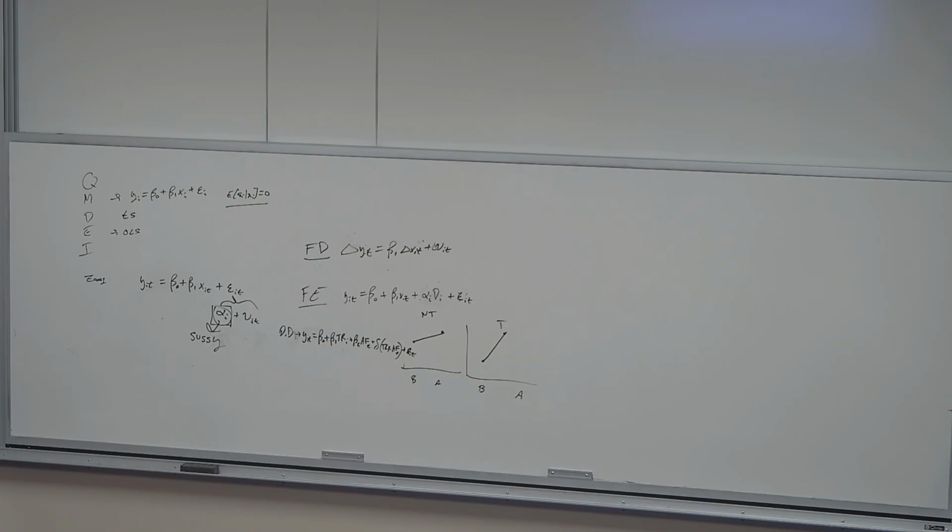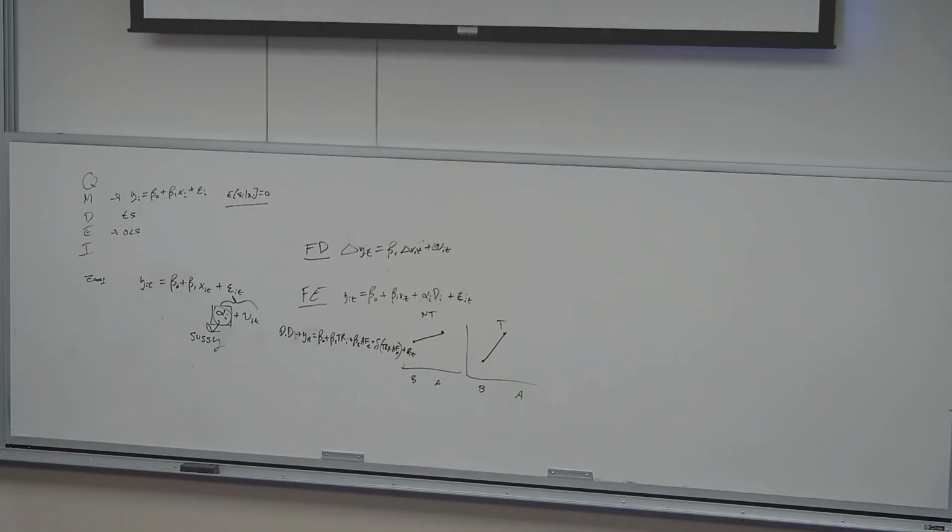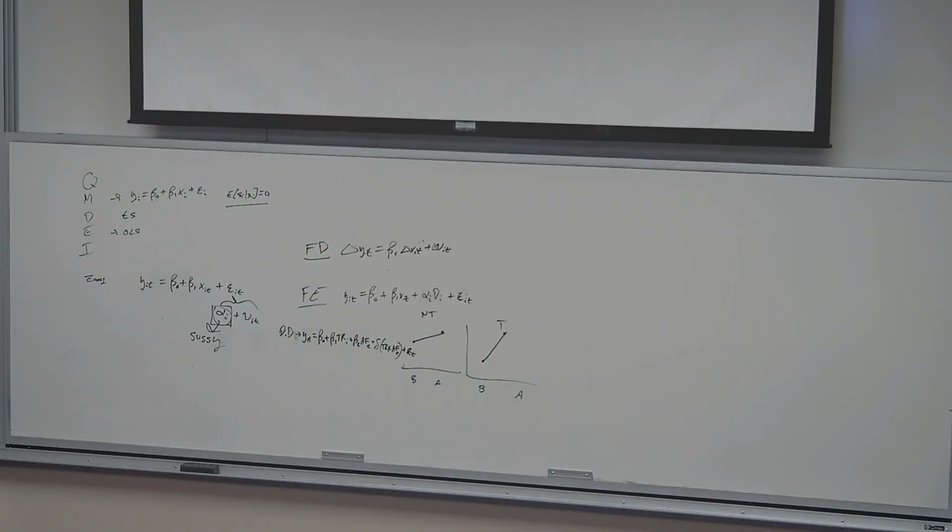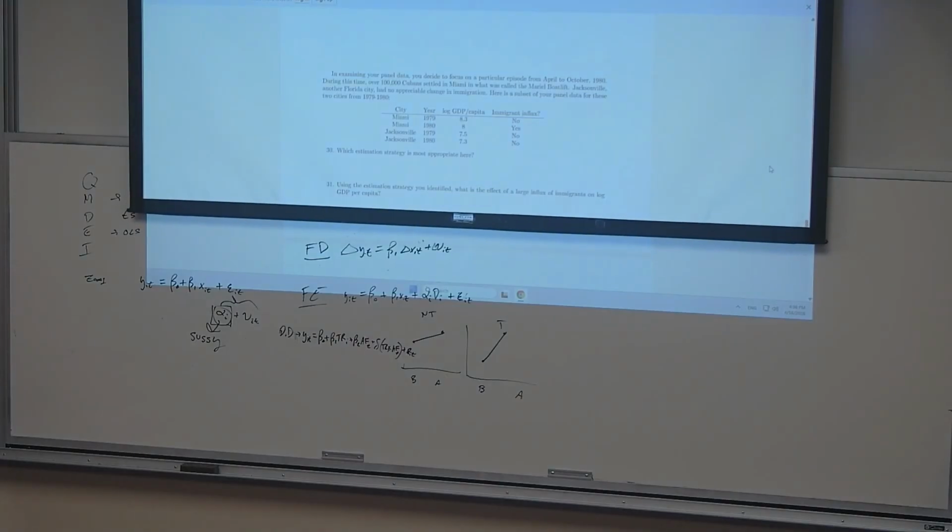And what's in the parentheses? My eyesight's terrible. TR, treated times after. Okay, yeah. That might be hard to read. I'll give you the projector. We'll look at an example so we can really understand this.